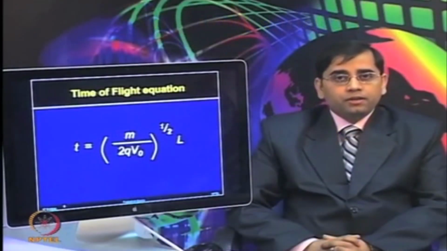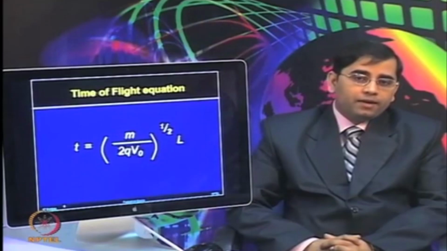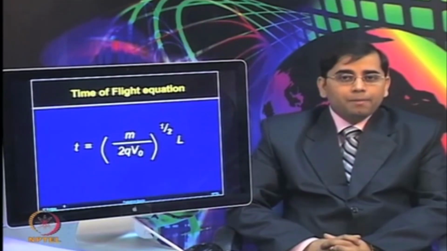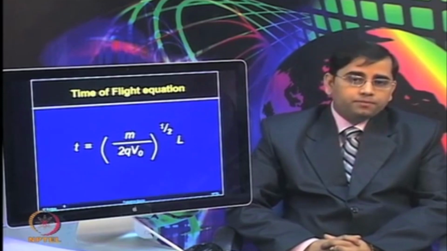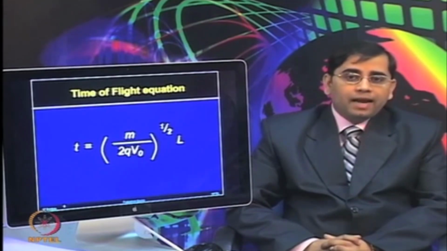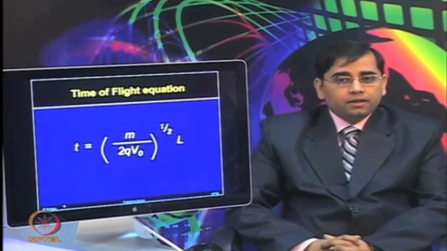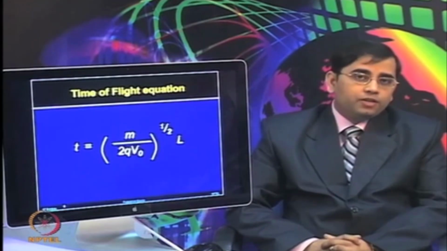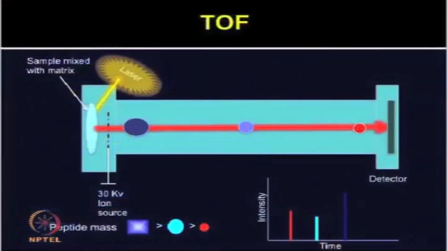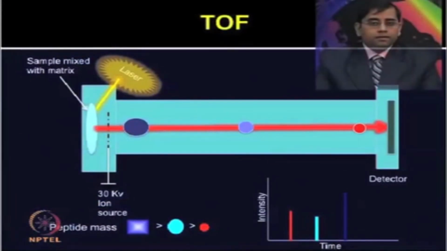In this equation, T represents the time of flight, m is the mass of the ion, q is the charge on the ion, V0 is the accelerating potential, and L is the length of the flight tube. In time of flight tubes, the ions are accelerated to high kinetic energy, and due to the different velocities, they are separated in a flight tube.